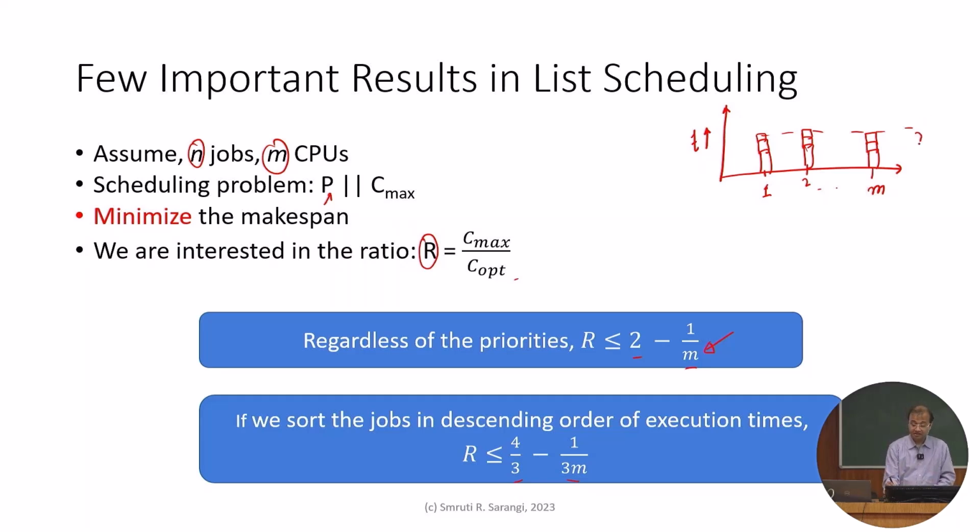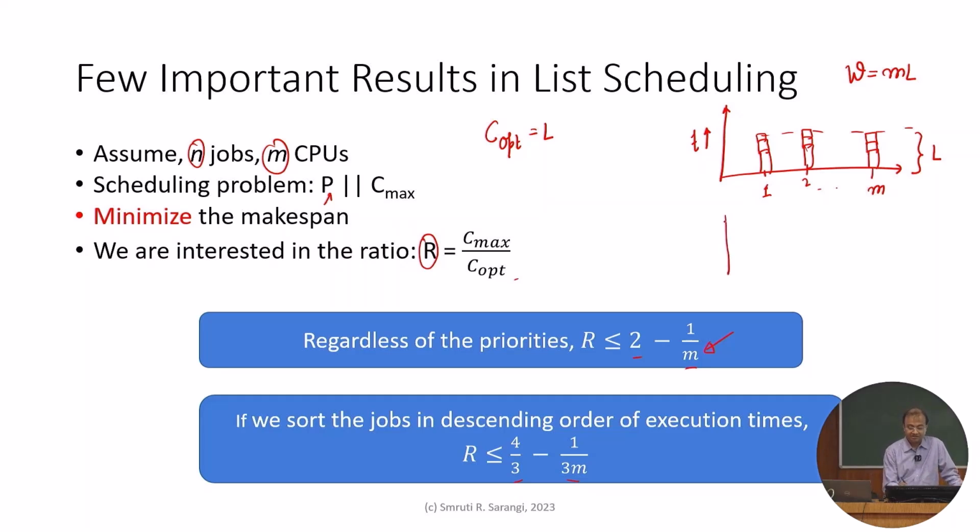So then this duration, let me say it is capital L. Then this is the optimal makespan, because the point is that no further packing can be done because there is no wastage. So C opt is equal to L, right? What is the total amount of work that you are doing? The total amount of work that you are doing is M times L, right? That is the complete work that you are doing. So this is, let's say, your ideal case.